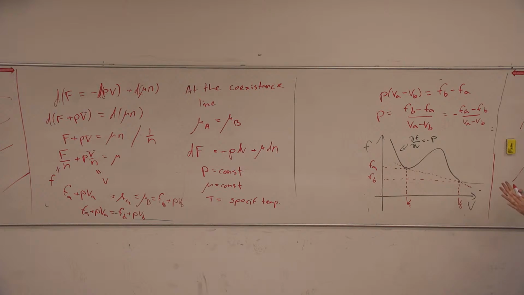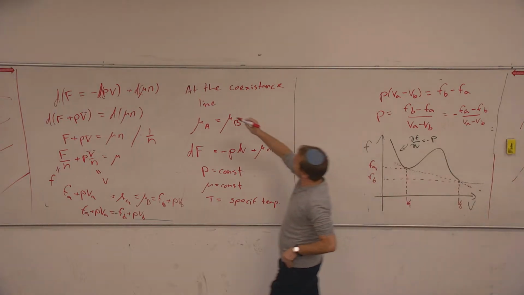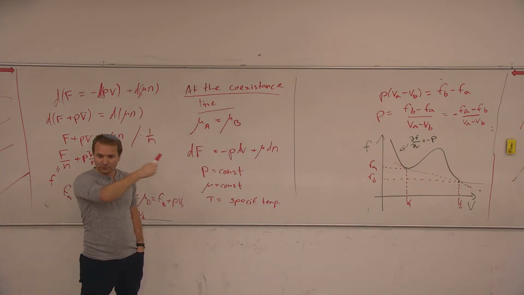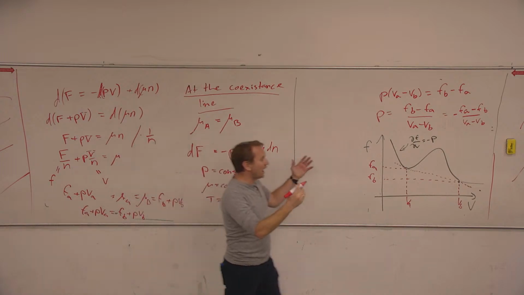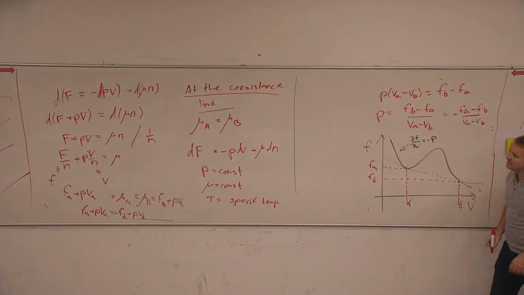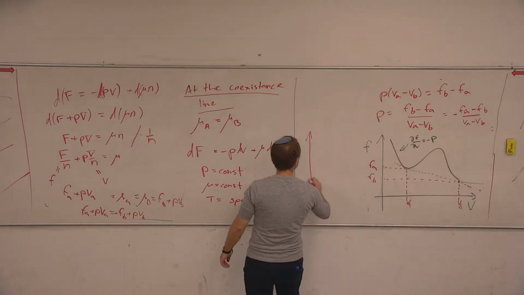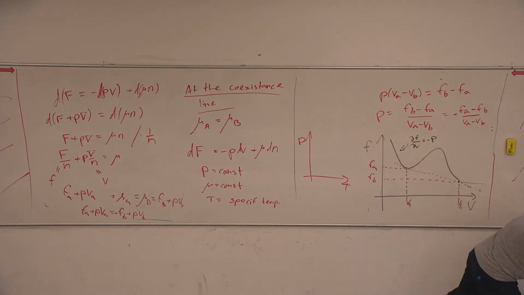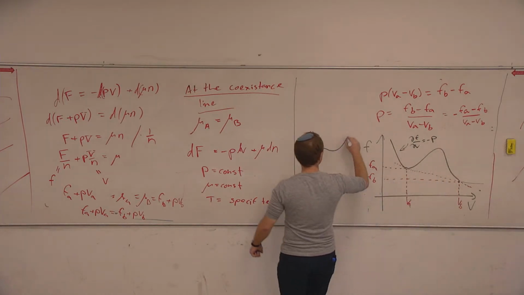So you remember that at the coexistence line, for each temperature, you have to perform this. This is how I find this critical P. But you remember the coexistence line: if I plot P as a function of T, it is a line. This is the coexistence line.